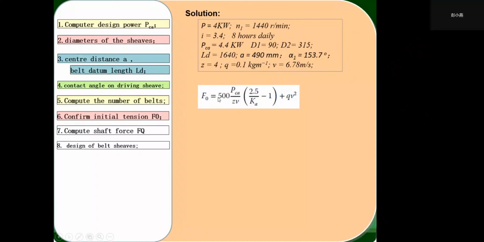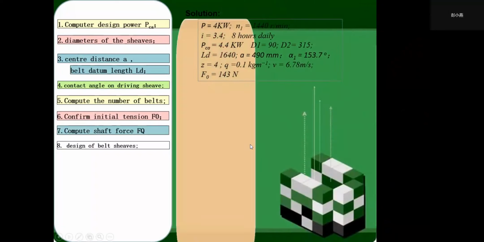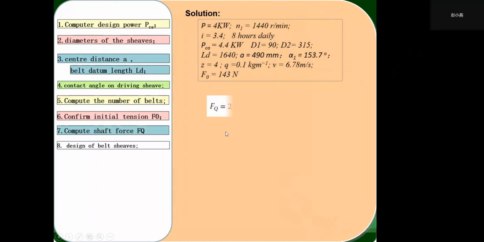And then we load the Z and the V, and we load the Q and PCA. We calculate the initial tension F0, which is 143. And then compute shaft force FQ. Use this. Z is 4. And the F0 is 143. And the alpha 1 is this, and then we calculate the FQ, the shaft force, and then design the belt sheaves.